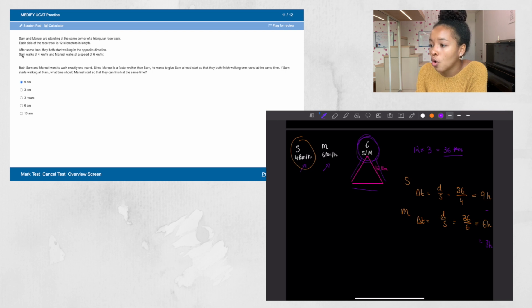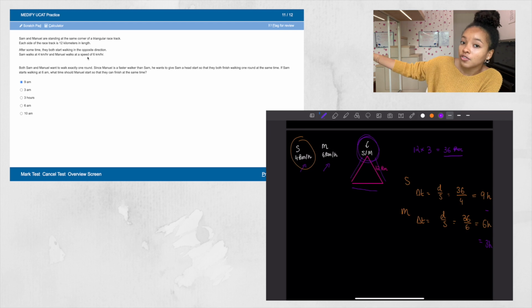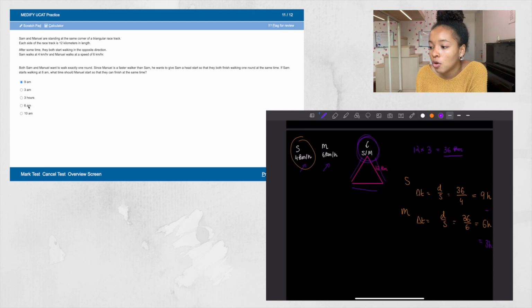Then you know here that Sam is slower than Manuel. He walks slower, so Manuel would have to start walking after Sam. And so 3 a.m. is wrong because that would mean that Manuel will arrive way earlier than Sam. 6 a.m. is also wrong because since they have different walking speeds, they have to start at different times to arrive at the exact same time at the end.